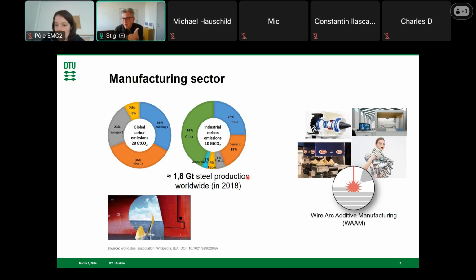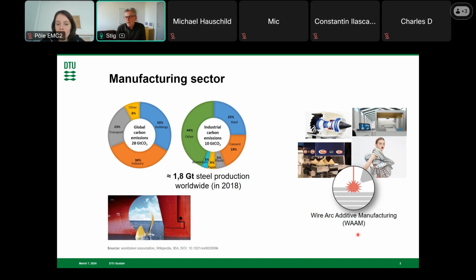Well, a lot of the contribution from steel is, of course, from the production of steel, because in the process of processing with coke, we get emissions of carbon dioxide. But also in the processing of the steel into different products, we can have a lot of emissions.